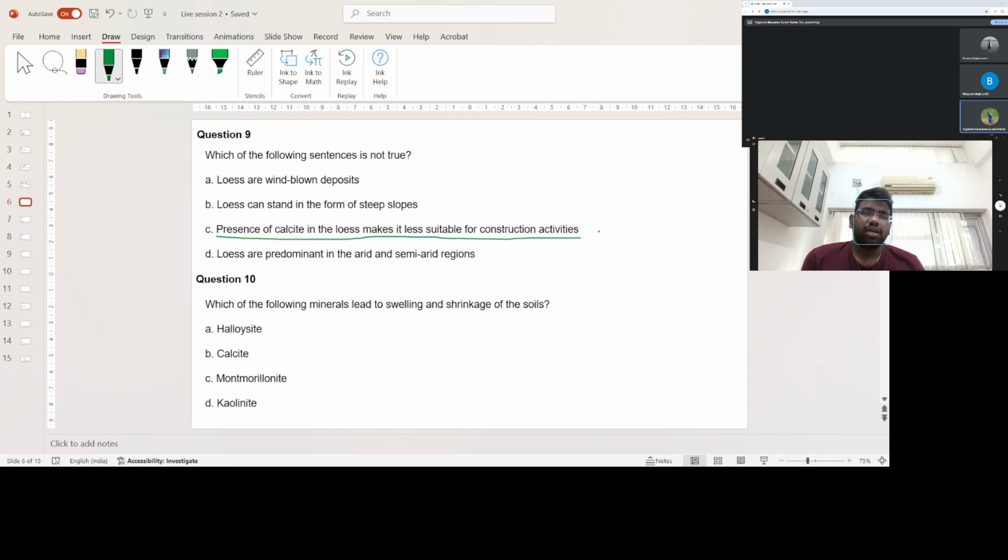If the aggregate itself contains some cementing properties, it is more suitable to consider. So that is why they are also considered for construction activities. The critical point is that the presence of calcite actually makes it favorable to qualify as a construction material. Hope I'm clear. Any doubts or clarifications required? No.